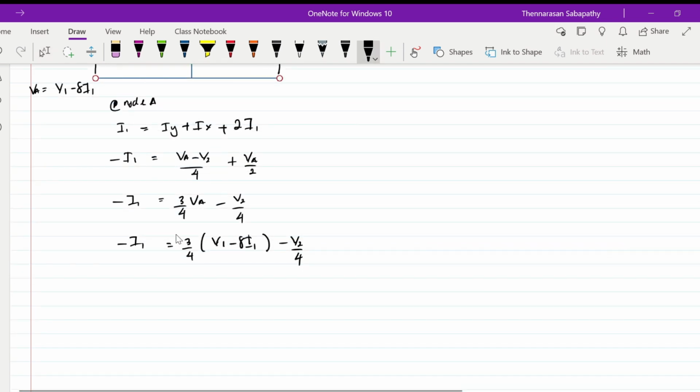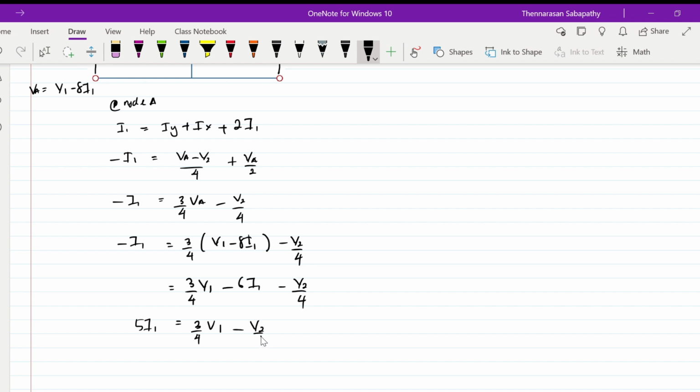Then I'm going to solve here. 3 over 4 V1 minus 6I1. I multiply 3 over 4 with negative 8, which means 6, and negative V2 over 4. This negative 6I1 I will bring this side, and it will be 5I1 equals 3 over 4 V1 minus V2 over 4.